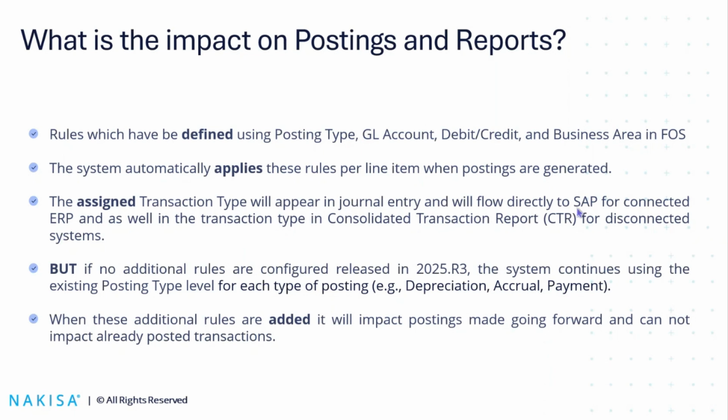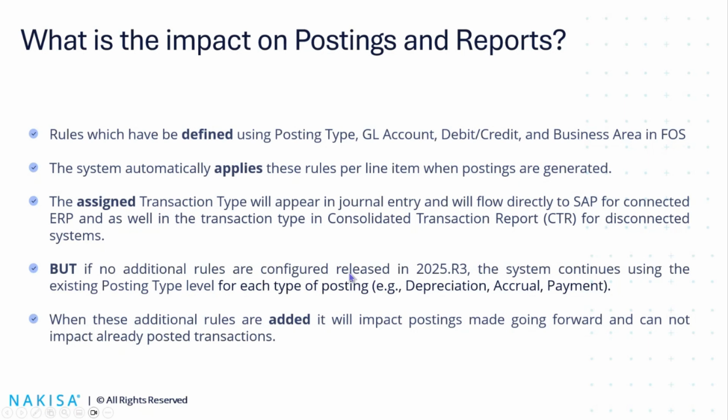It will flow through to your SAP for connected ERPs, and if it's disconnected, you can view them on the consolidated transaction report. If no additional rules have been configured, so going back, if you had only the posting types, which is recognition, termination, payments, all those were configured even before the current release, the system will continue using them.